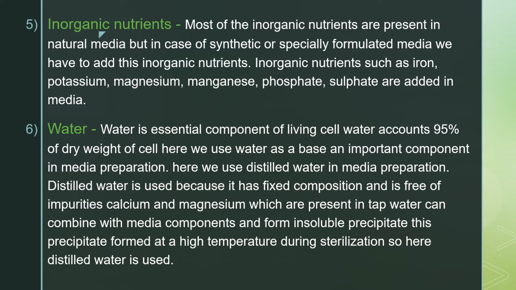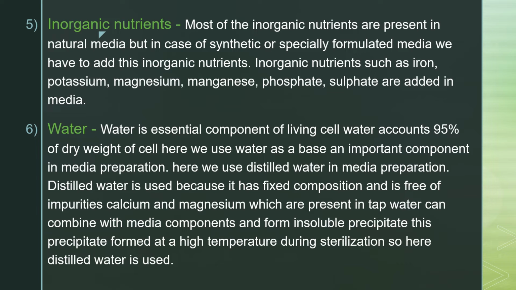When we use tap water, add all the nutrients and go for sterilization, the calcium and magnesium present in the tap water can combine with the nutrients we have added in the media, and they form insoluble precipitate at high temperature, and thus they can spoil the nutrient media.